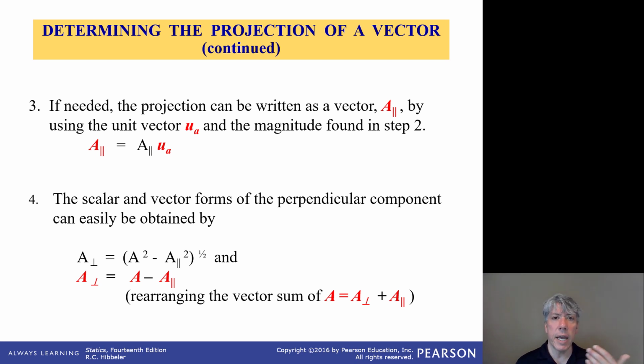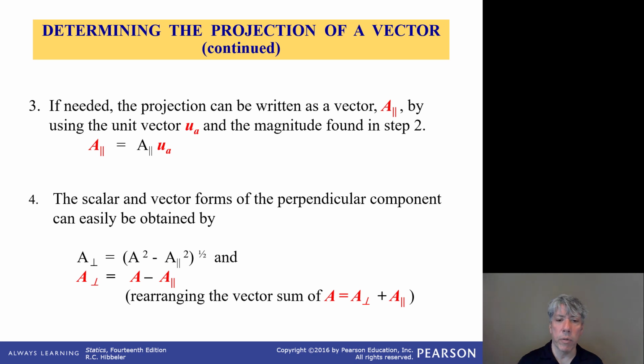Now, to find A perpendicular as a vector, we can simply take the total vector A and subtract off the parallel piece that lies along line AA. That would be the perpendicular component of the vector to the line.